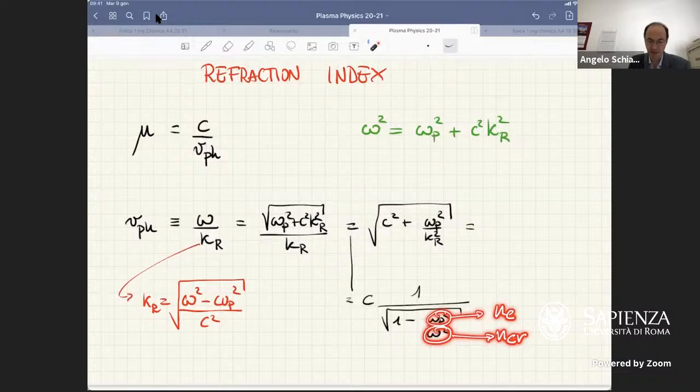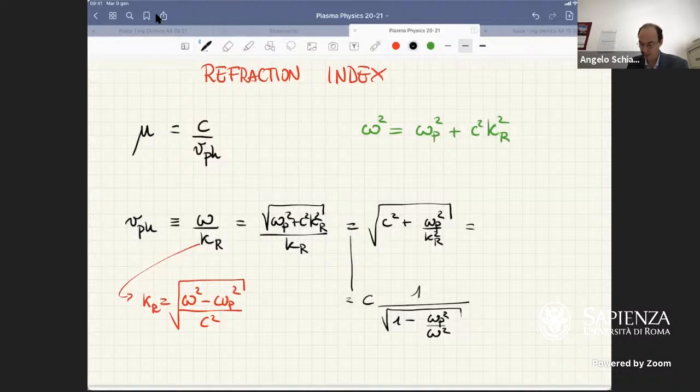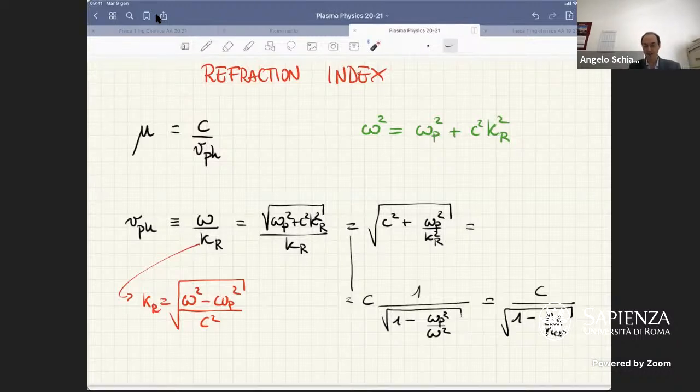So we can express that ratio as c divided by the square root of 1 minus the electron density divided by the critical density, N critical. This ratio can be expressed in terms of the angular frequencies or in terms of the density ratios.